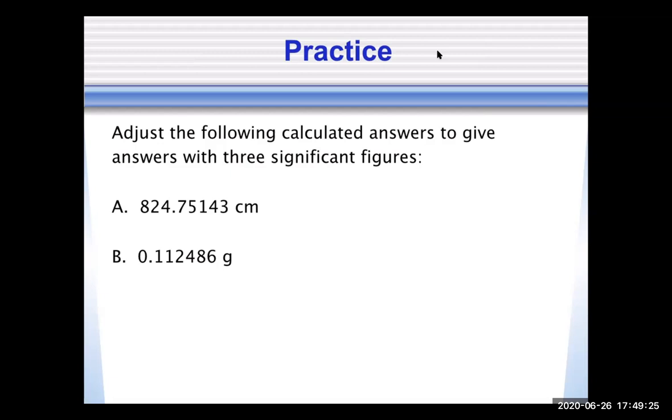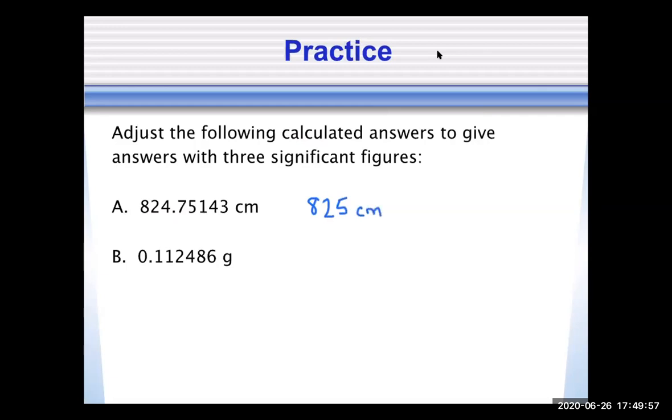In this problem, it says adjust the following calculated answers to give answers with 3 significant figures. So you should be writing 3 significant figures for your answer. Here's our 3 digits: 8, 2, and 4. The next number is a 7, so this would be rounded to 825 centimeters.